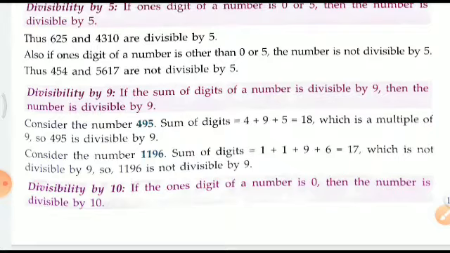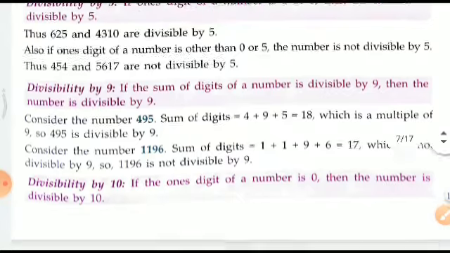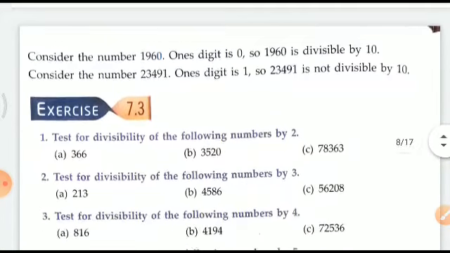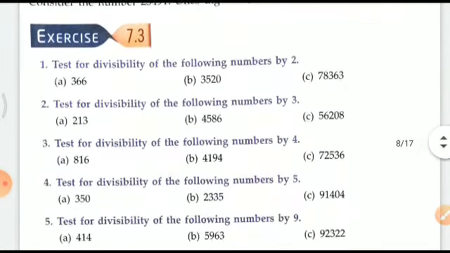Means you have to add the digits of the number. If the sum comes to 9, then the number is divisible by 9, right? Divisibility by 10. If the last digit is 0 in the number, right? So these are a few techniques with which you can check divisibility.